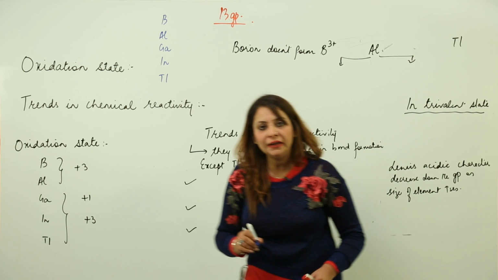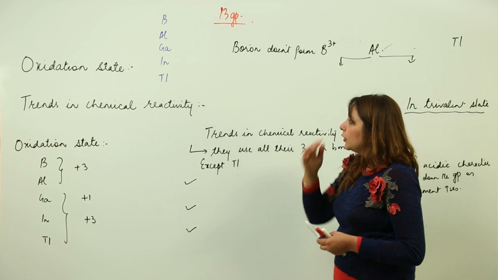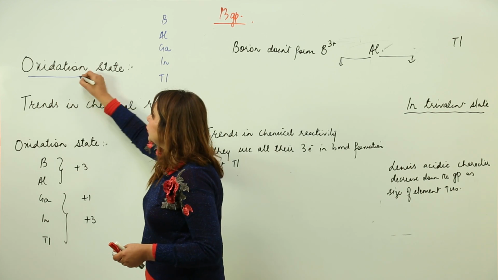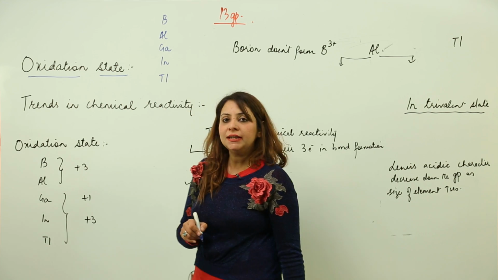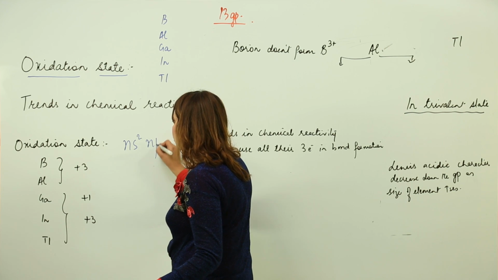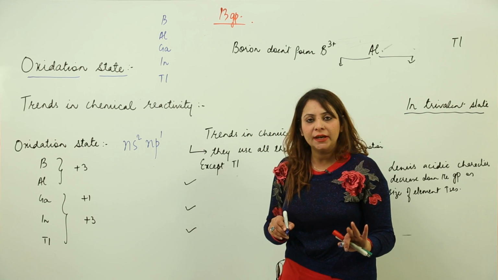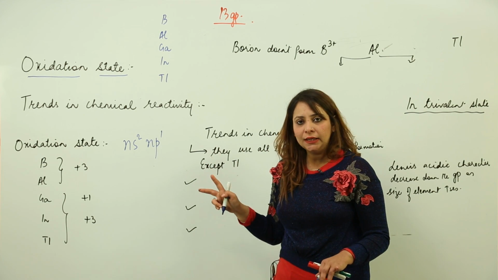You know that we have already discussed the electronic configuration and the physical properties as well. So if we talk about the oxidation state, we know their electronic configuration is ns2 np1. That means they have 3 electrons in total in their valence shell, 2 in s and 1 in p.